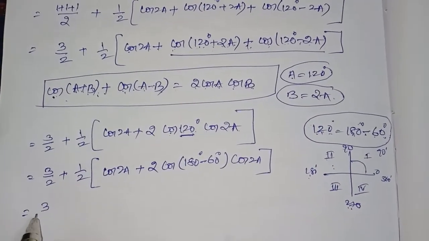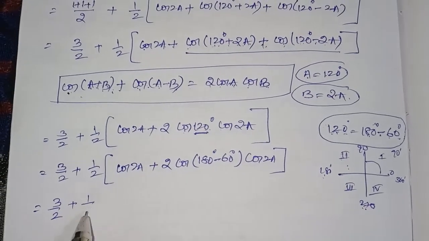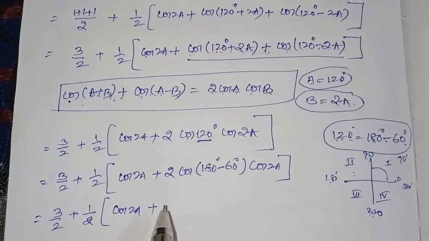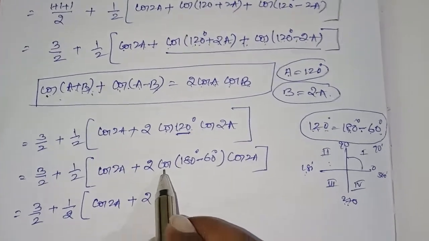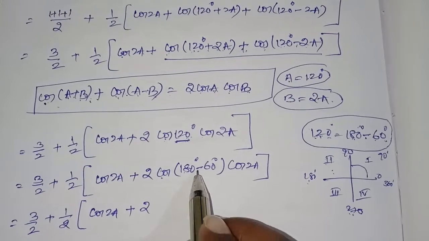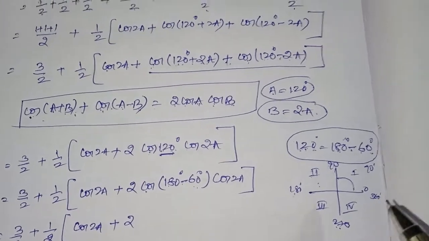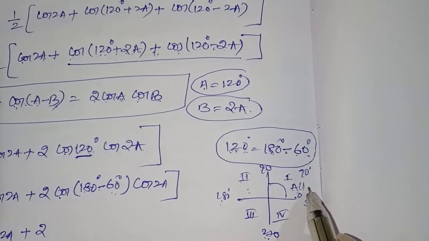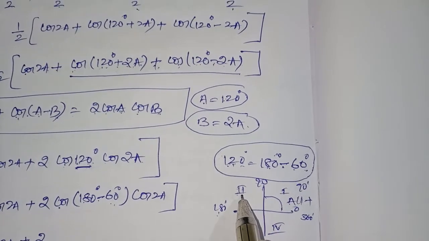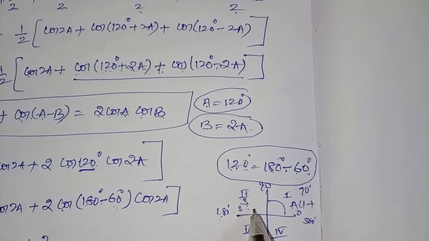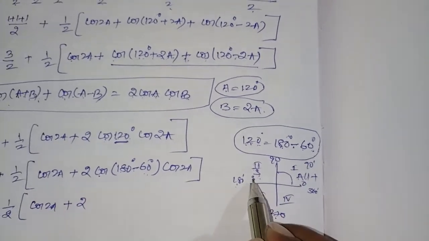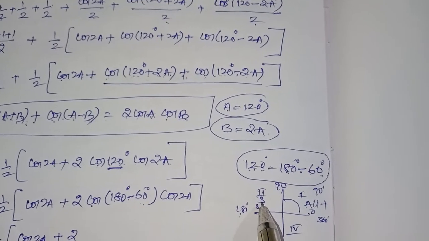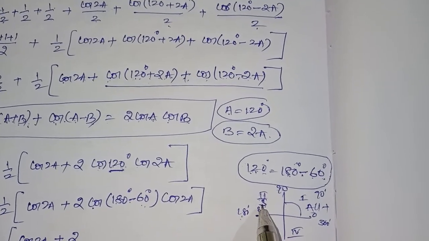That is equal to 3/2 plus 1/2 whole into cos 2a plus 2 into cos of 180 minus 60 degrees. See, in the first quadrant all are positive values. In the second quadrant only sine terms, meaning sine or cosec, are positive. Here it is cos, so this is the negative value. In the second quadrant only sine terms are positive, remaining values are negative.